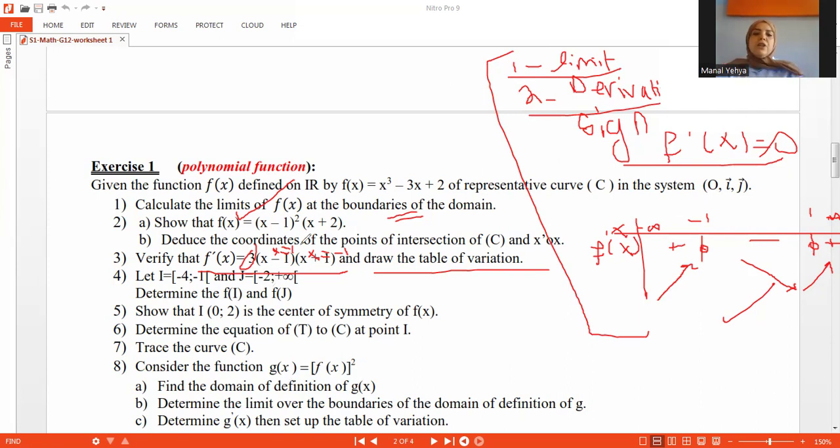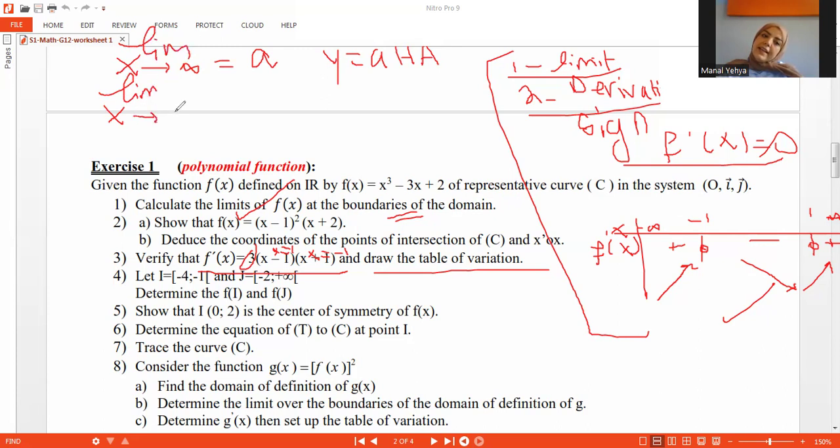Regarding the limit, you have to know if I calculated the limit when x tends to infinity and I get a number, you have to know that the equation of this number is a horizontal asymptote. While if I calculated the limit when x tends to a number and I get infinity, that means x equal to this number, I will call it b, is a vertical asymptote.